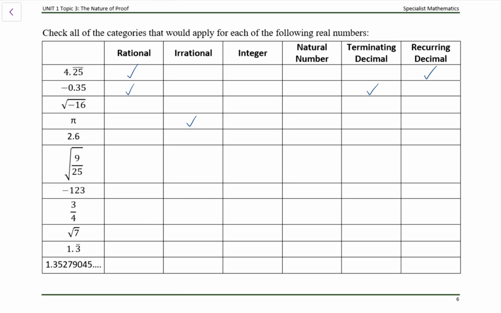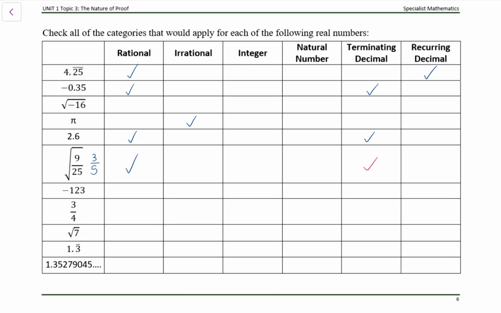2.6 is a terminating decimal, so it is rational. Square root of 9 over 25 equals 3 over 5, so that is rational. If it was to be a decimal, it would be a terminating decimal.